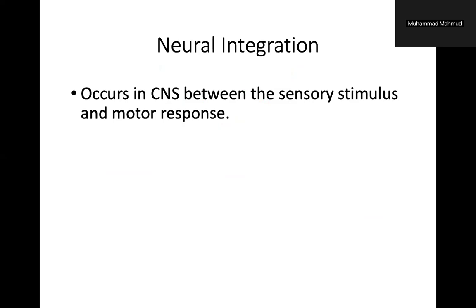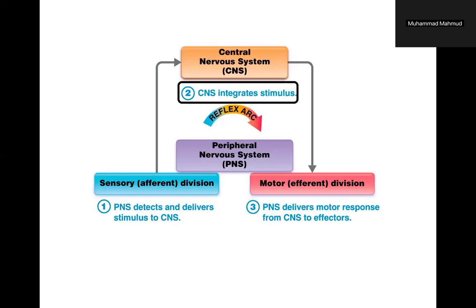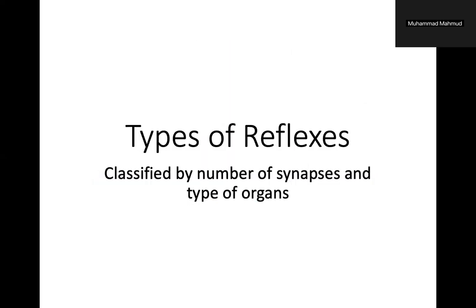Neural integration occurs in the central nervous system between these sensory and motor responses. Right? Now, if we classify reflexes, we find these types classified by the number of synapses and types of organs.